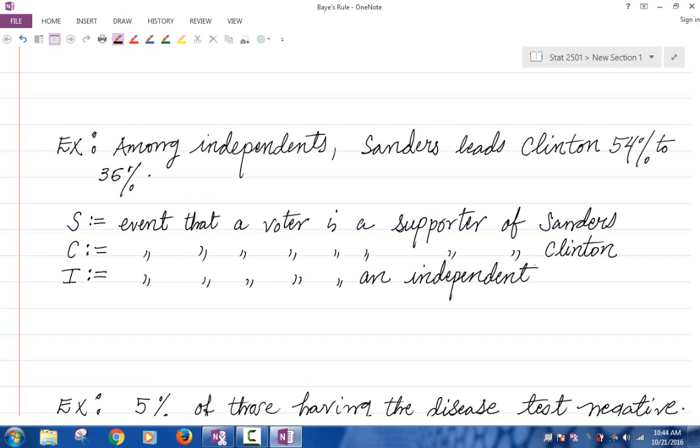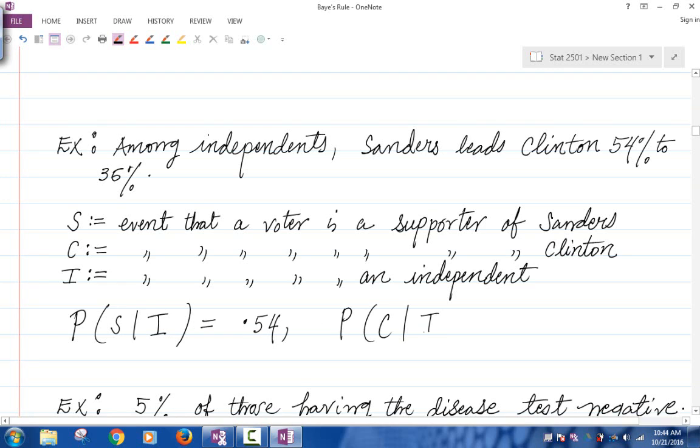P of S, or is it P of S given I? The probability that someone is a Sanders supporter given that he or she is an independent, because it is among independents. So that is exactly 0.54, and the probability of C given I is 0.36. Is that making sense?